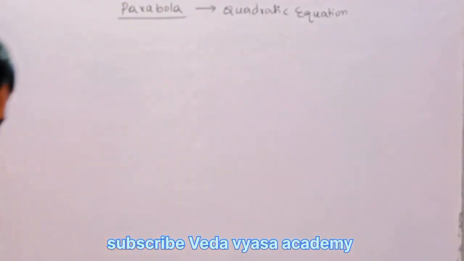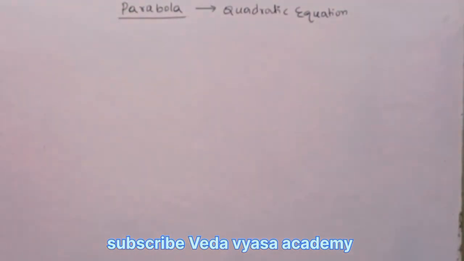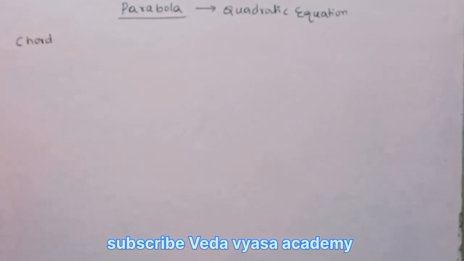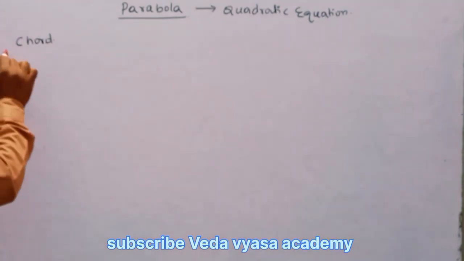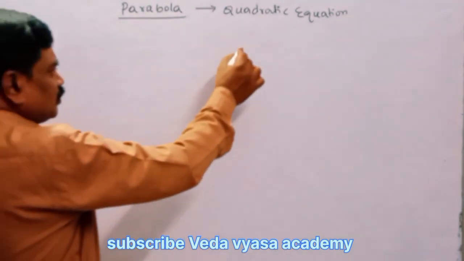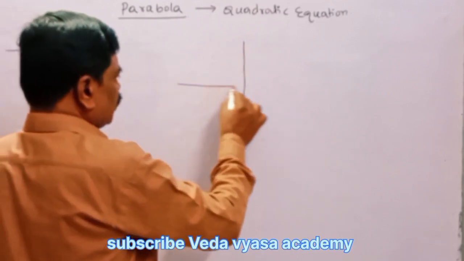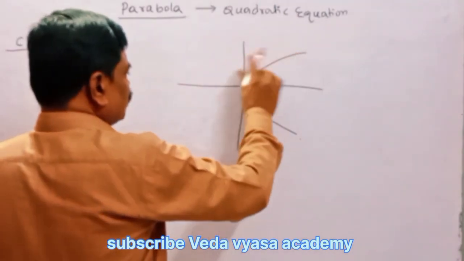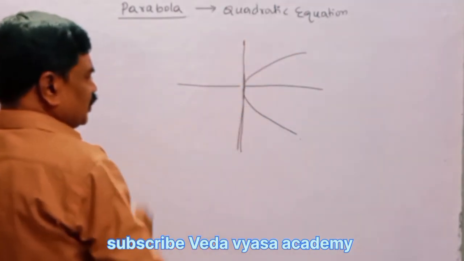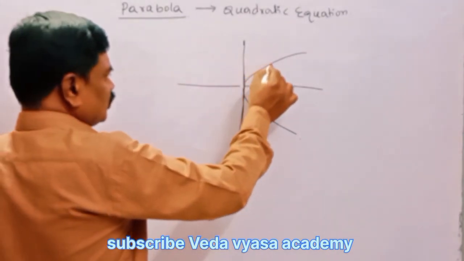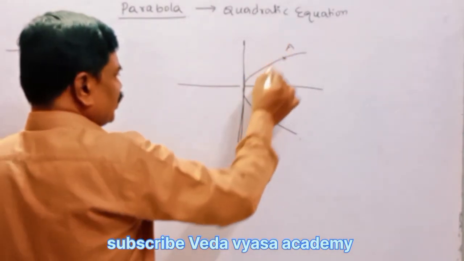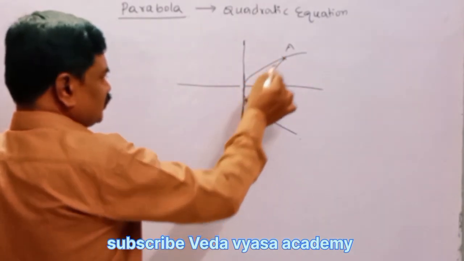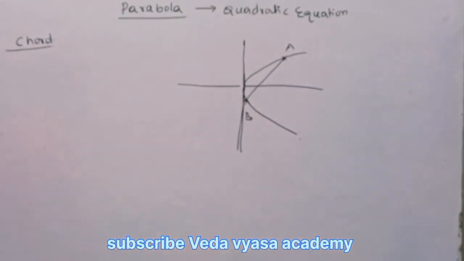First one, chord of the parabola. You see, this is the parabola. Chord of the parabola means, here this is the point A, this is the point B. This is the chord of the parabola.